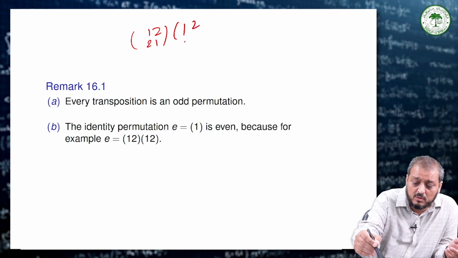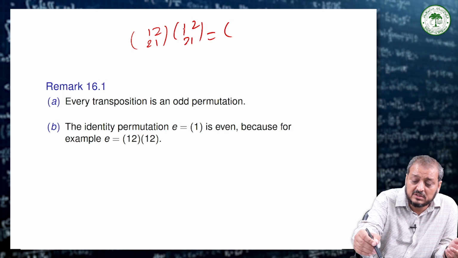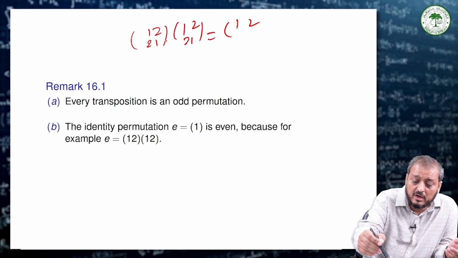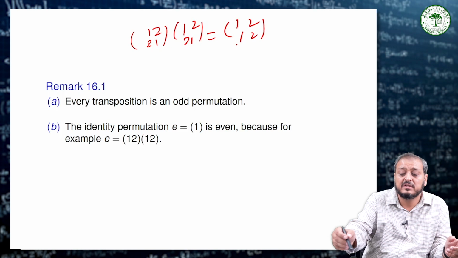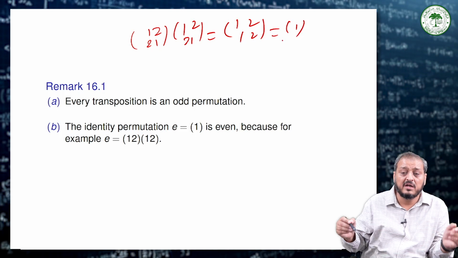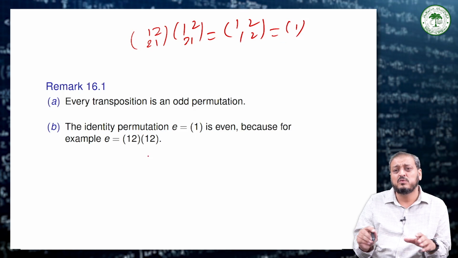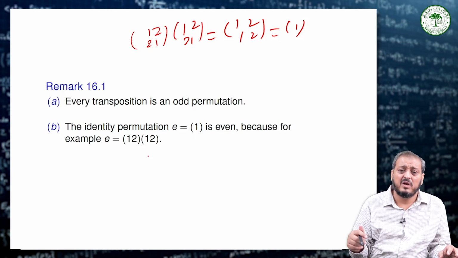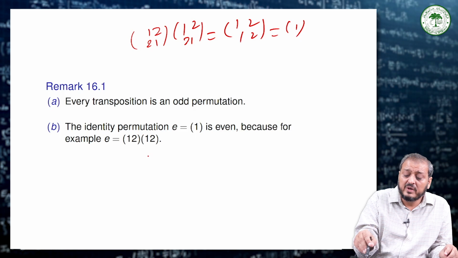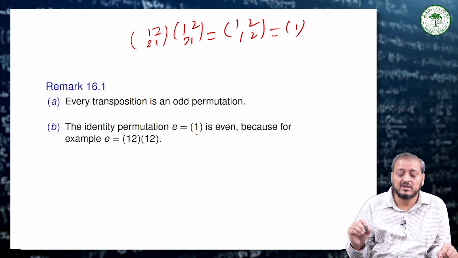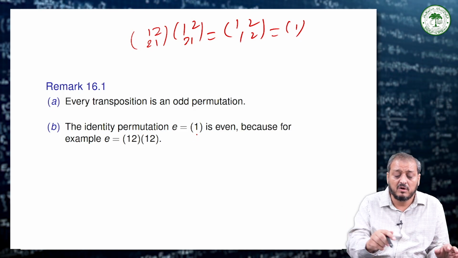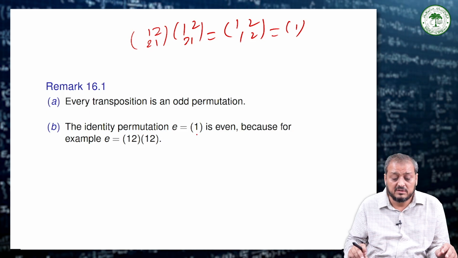So clearly this is equal to the identity. The identity permutation can always be written in the form (1 2)(1 2), (1 3)(1 3), (1 4)(1 4), or like this. So we can say that the identity permutation is even, because E is equal to this.